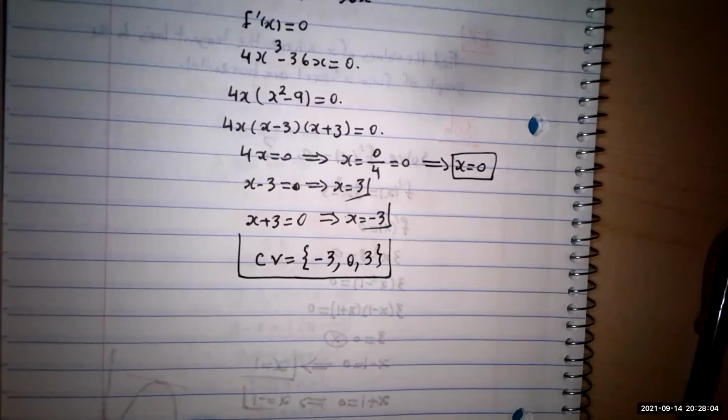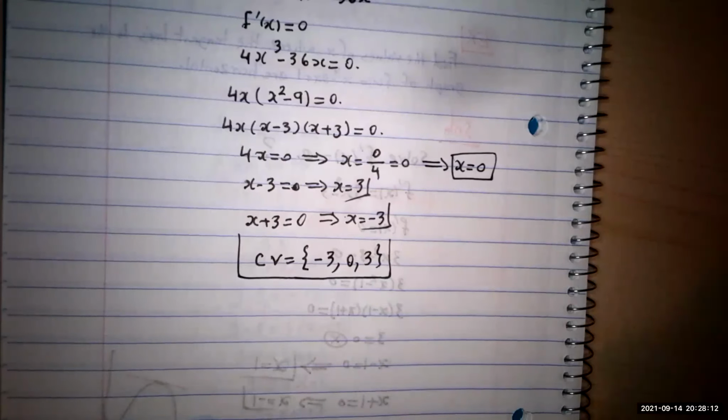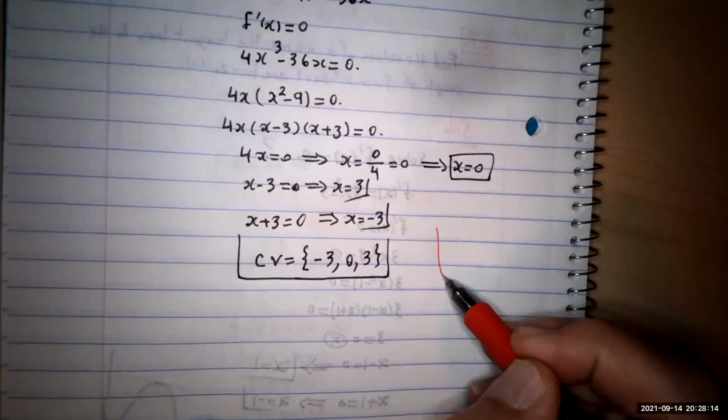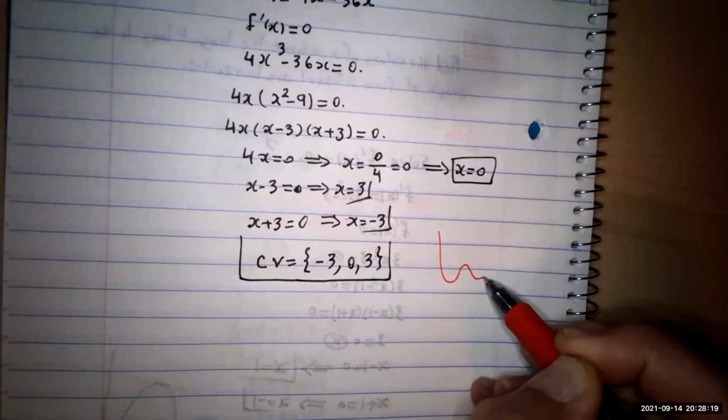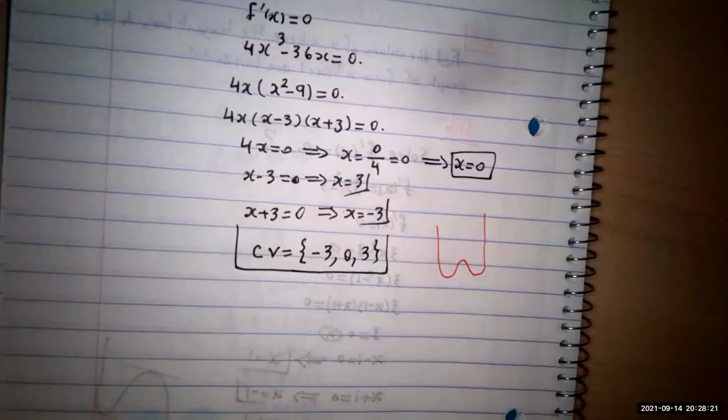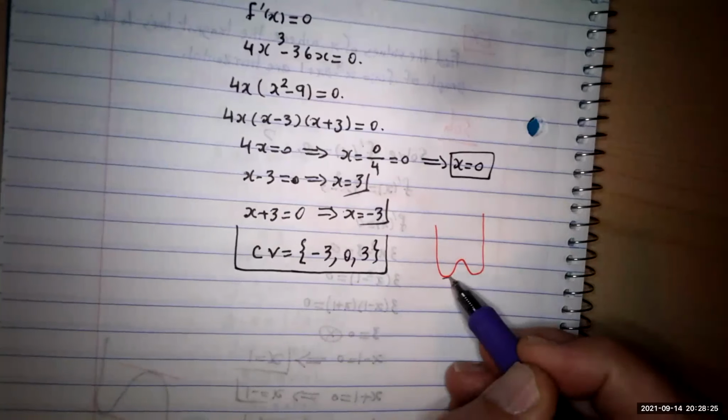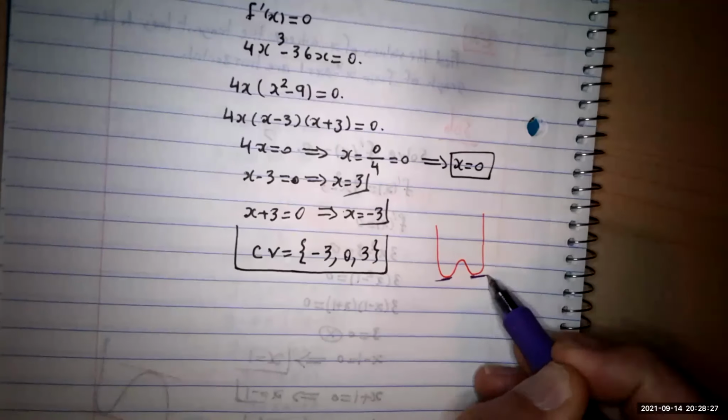So this is going to be the case. It would be a very popular case in the future. This is going to be the graph of this function. When we graph it, as you can see, you are going to have 3 horizontal tangent lines. You see 1, 2, 3.